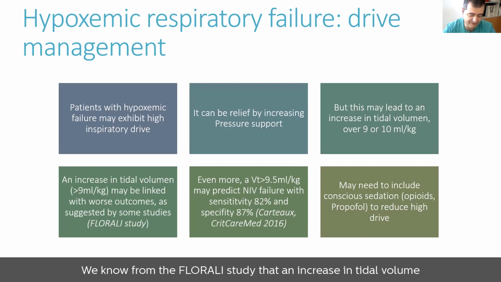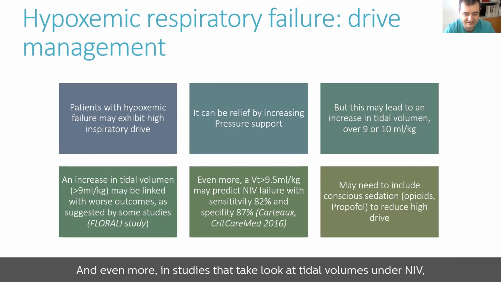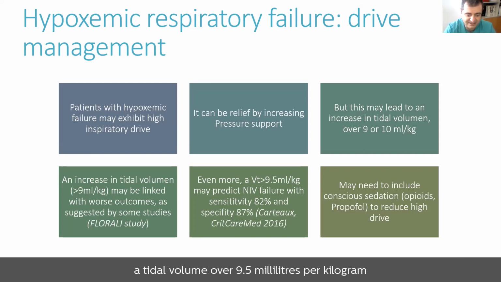We know from the Floralis study that an increase in tidal volume over 9 milliliters may be linked with worse outcomes, and even more in studies that look at tidal volumes under NIV. A tidal volume over 9.5 milliliters per kilogram may predict failure with a sensitivity of 82% and a specificity of 87%.